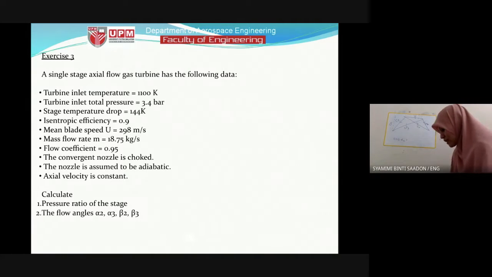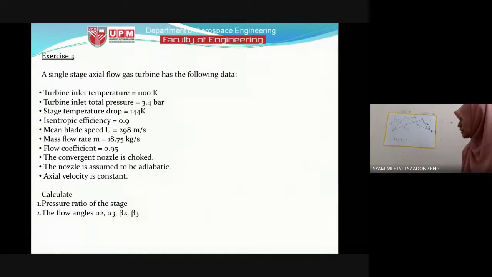So alpha 2 is the angle between the absolute velocity and the axial axis. And beta 2 is this one, between the axis and the relative velocity.